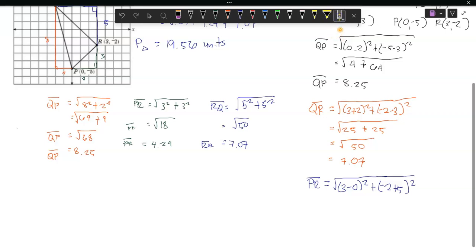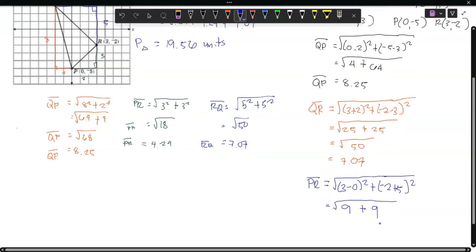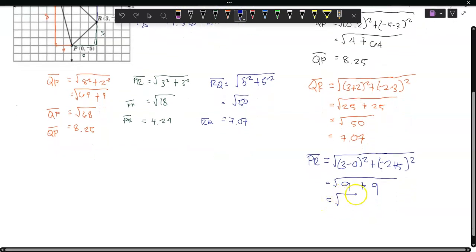Why plus 5? Because look, this is 3 minus 0, and negative 2 minus negative 5 is negative 2 plus 5. So this becomes the square root of 3 squared, that is 9, plus 3 squared, that is 9. This is square root of 18, and I know that square root of 18 is just 4.24.